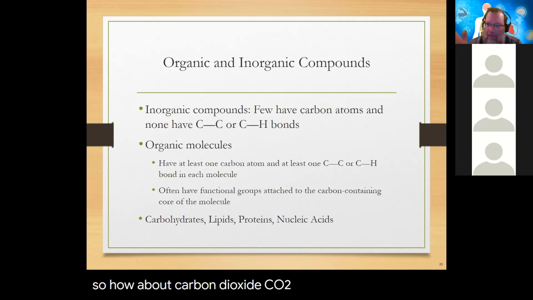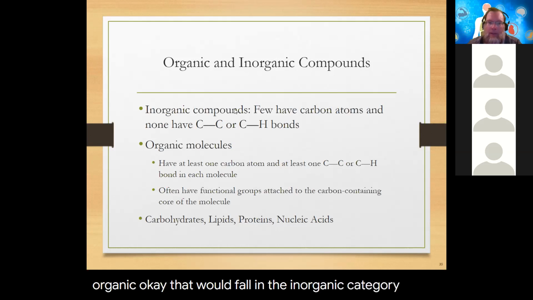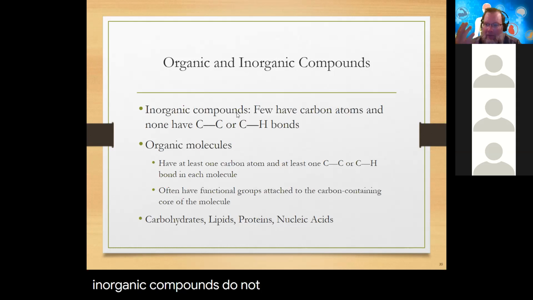CO2. You have one C and two oxygens. That is not organic. That would fall in the inorganic category. Most inorganic compounds do not have carbon, but there are some, right? Like carbon dioxide, for instance.